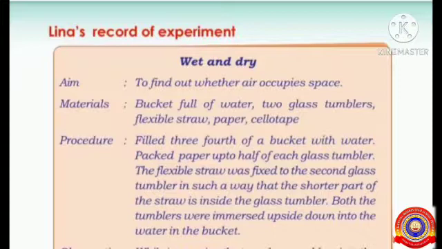The third step is to list out the materials needed for doing the experiment. The fourth step is to write down the procedure. Procedure means the way of doing the experiment. That is to note down the steps needed for doing the experiment.